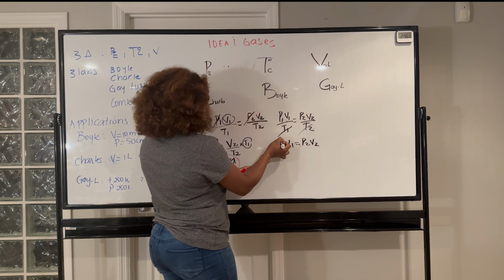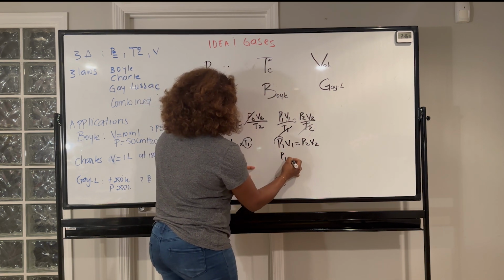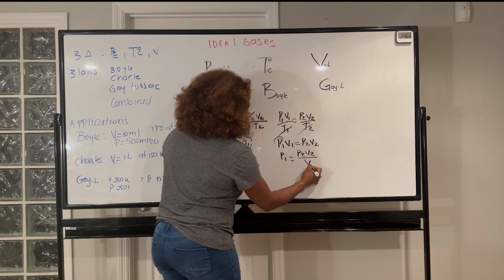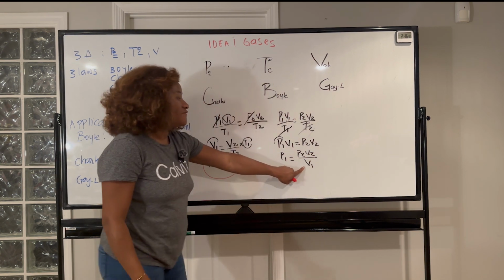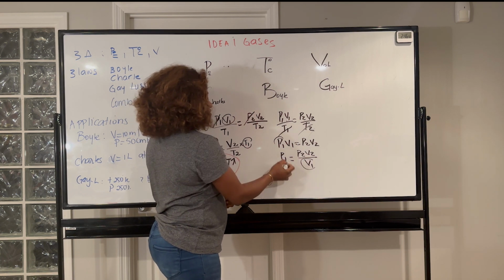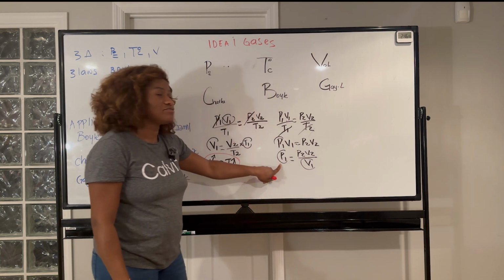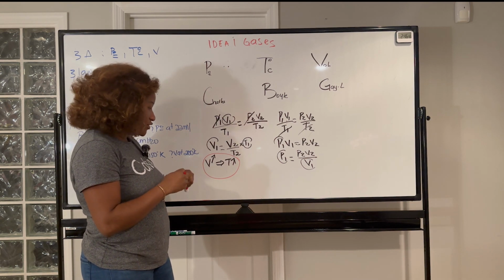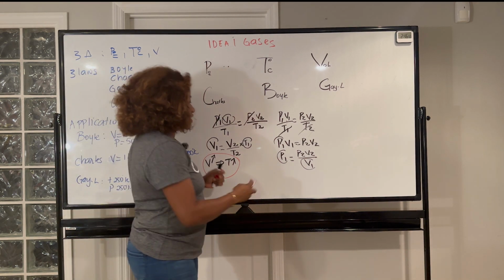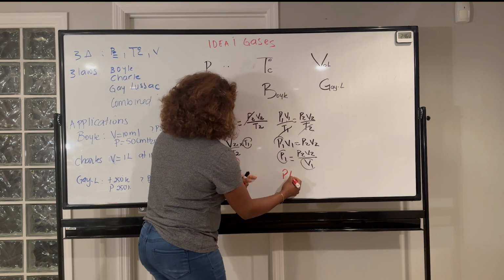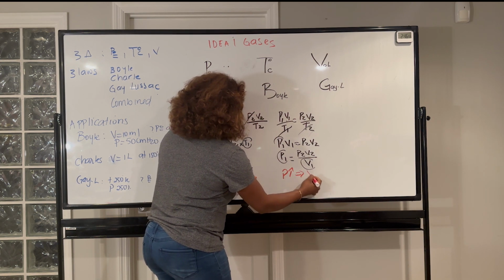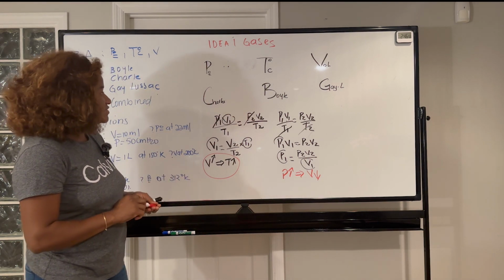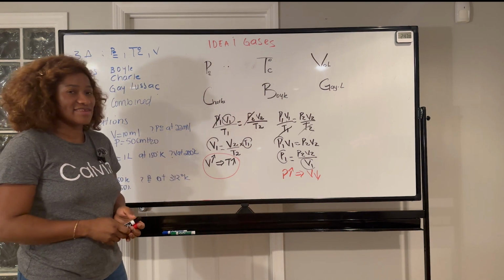And then if I want to get P1, P1 equals P2 V2 over V1. Now my V1 here is inversely proportional to my pressure. So according to Boyle's law, when the pressure increases, the volume decreases. And that's what Boyle's law says.